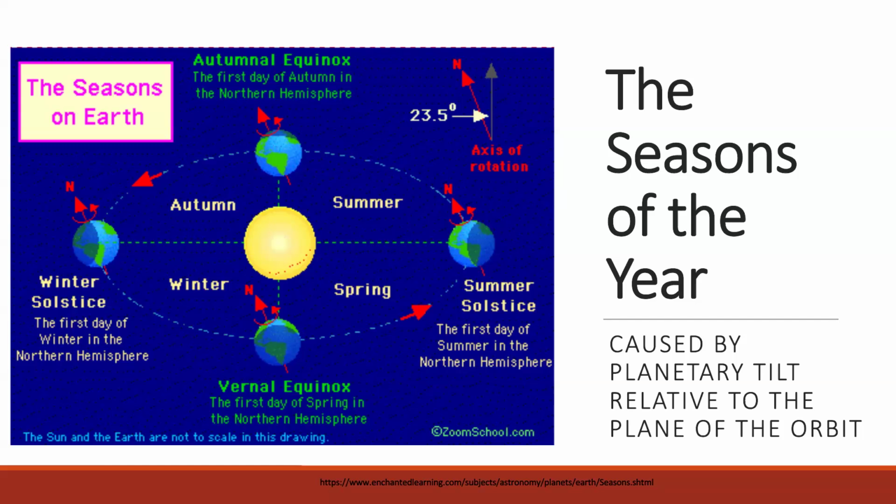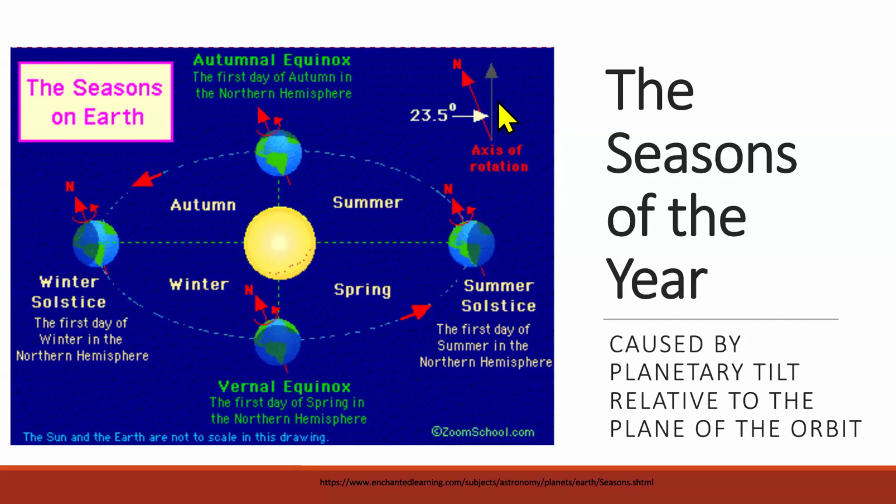We'll see that the axis, the stick that we stuck through the planet, is tipped or tilted. And the angle at which it's tilted is 23.5 degrees. So that exact value isn't super important.